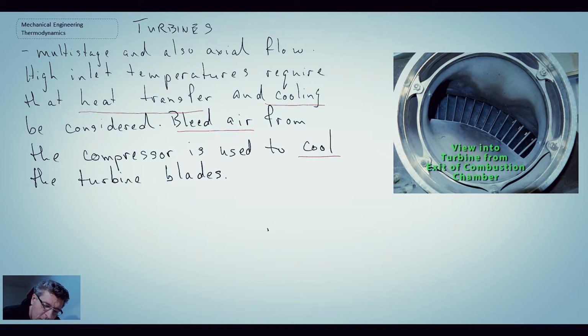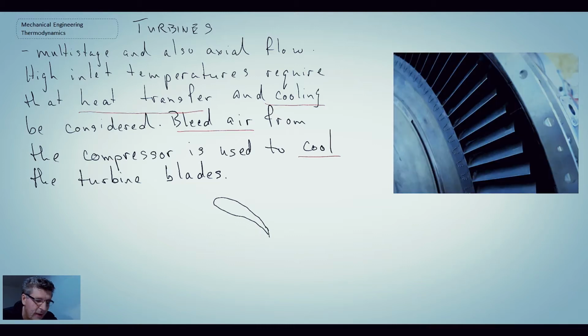And again, we will use the vector diagrams that I talked about earlier for the compressor. Now the turbine has a lot more curvature than the compressor, and you can see that by looking at the blades themselves, which I'll show you a video of in a second. Again, I apologize for my horrible artwork, but here we have the stator, a stationary row, and then the rotor, a row that is rotating.